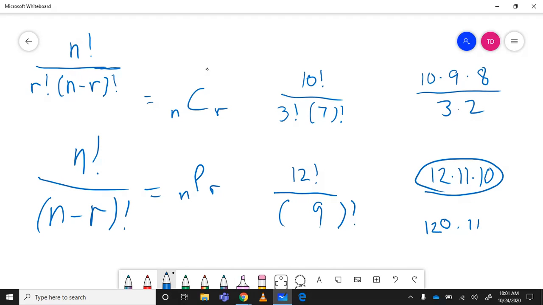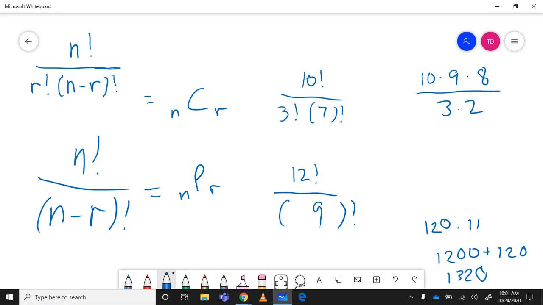Times 11 should be 1,320. Up here on top, I'm going to simplify what I'm seeing to 10 times 3 times 4. In which case I have 10 times 12, or 120.